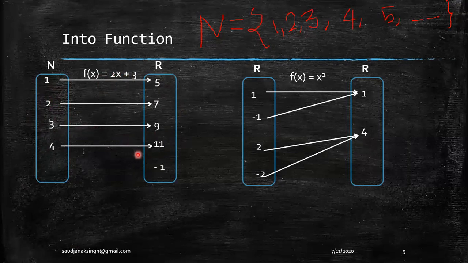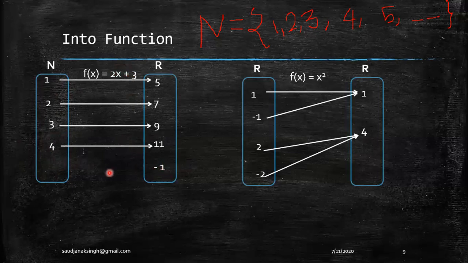But you cannot get a negative number by putting counting numbers in the domain. If you insert counting numbers in the machine, a negative number is impossible by this process 2x plus 3. So here is -1 without pre-image.